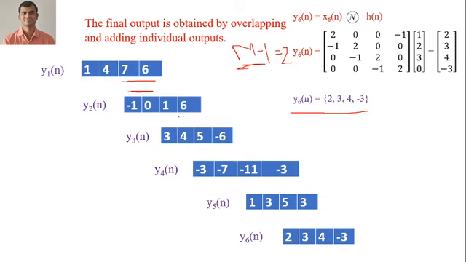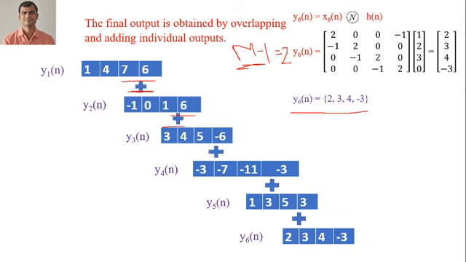So 7 overlaps with minus 1, 6 with 0, 1 with 3, 6 with 4, 5 with 3, minus 3, minus 6 with minus 7, minus 11 with 1, minus 3 with 3, 5 with 2 and 3 with 3. Then we need to add.